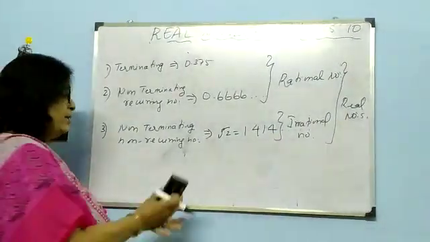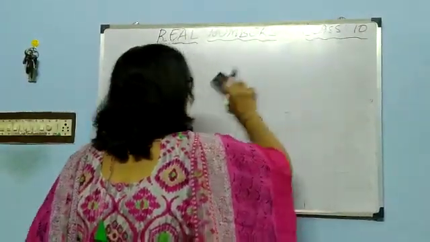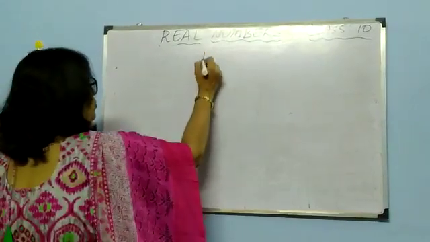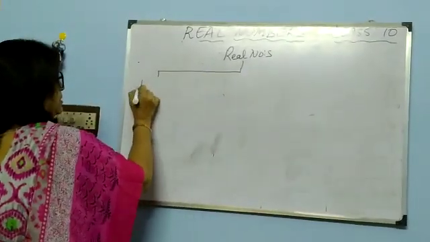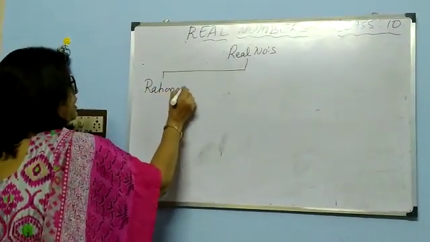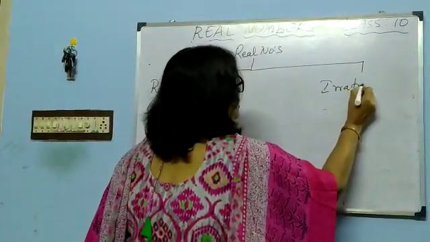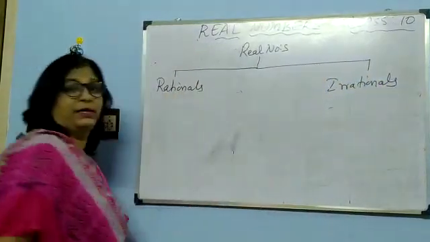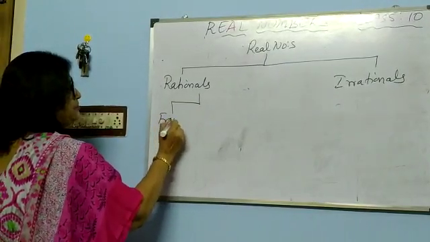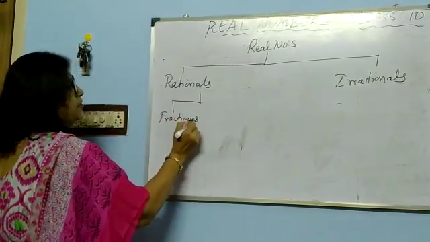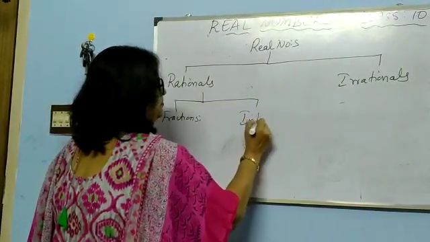We shall see the other way of broadly classifying real numbers. So we have real numbers. As we have seen now, it is two categories, rationals and irrationals. Rational numbers can again be categorized into fractions and integers.